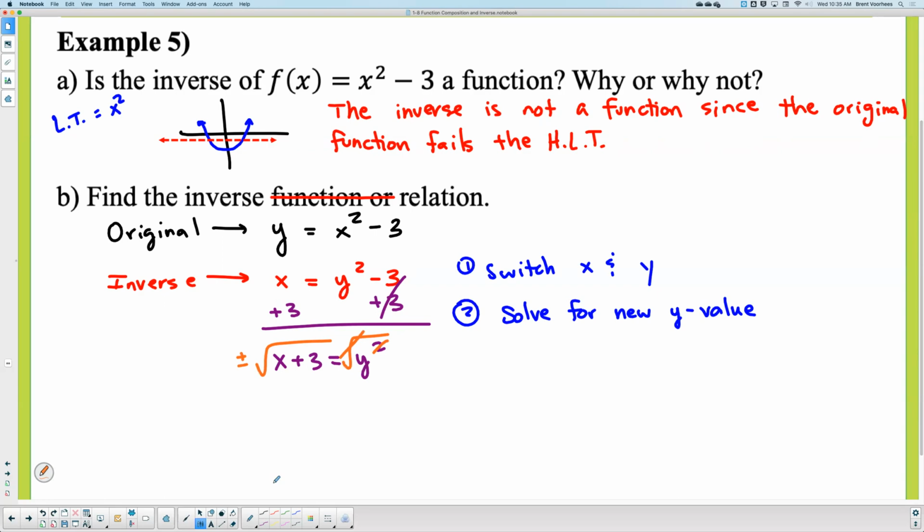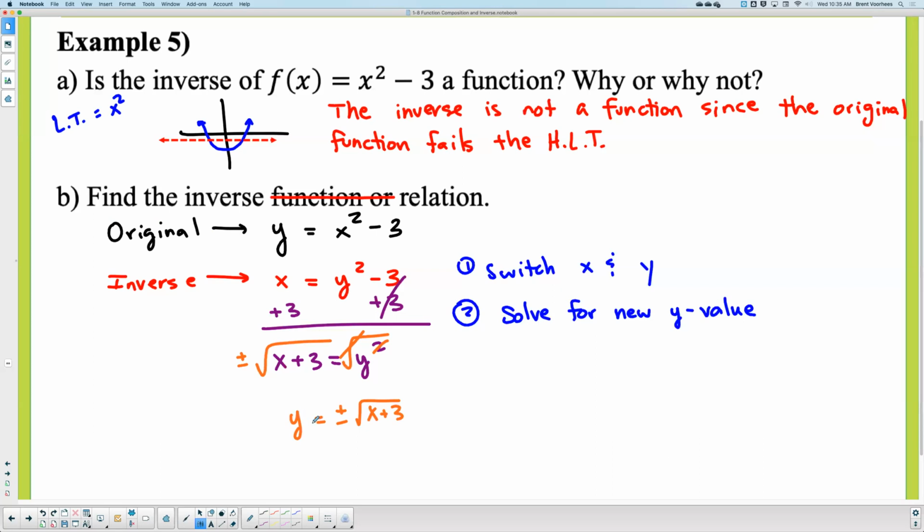Until we get to unit 3, anytime you add an even root that's not originally there, you need to add a plus or minus with it. Anytime the root is even, it comes with a plus or minus. So that means now that we have y by itself, y equals plus or minus the square root of x plus 3. That would be our equation there.